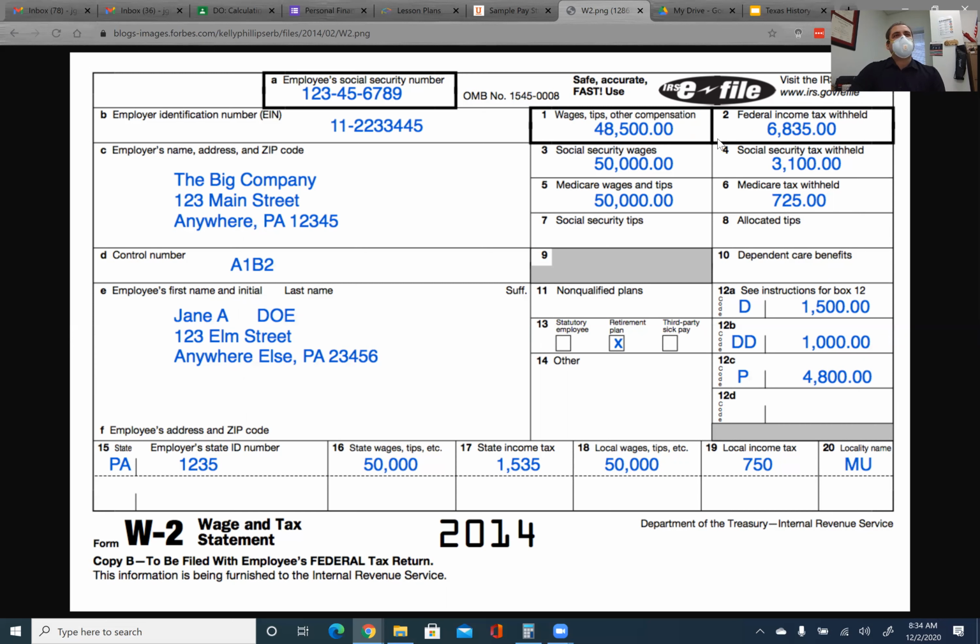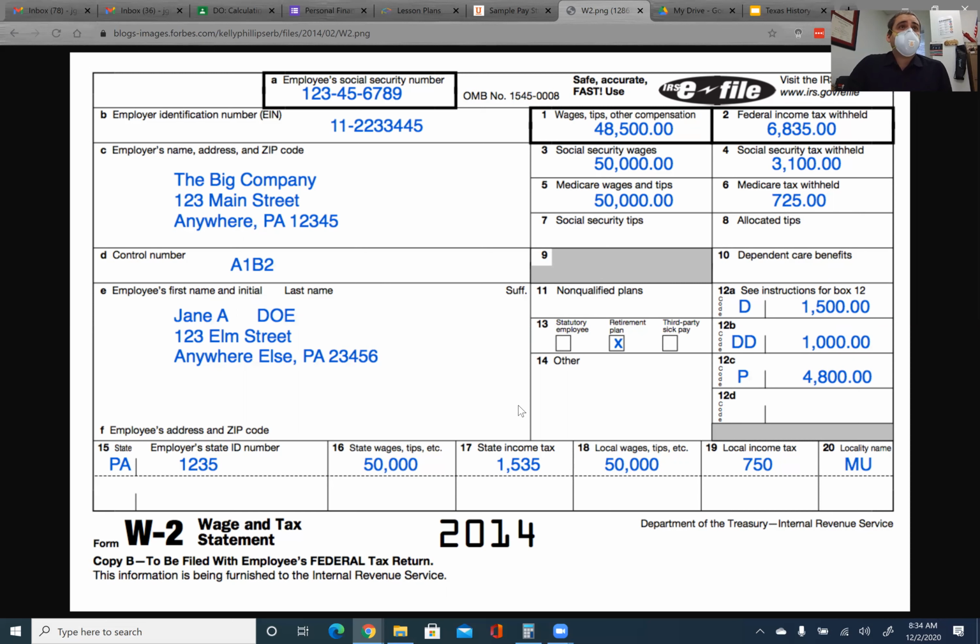The other stuff, I'm not going to create a complicated scenario for you, so you don't have to worry about it. I will let you know in the fact pattern any contributions to their 401k or IRA. So this is just what I wanted to go over before we ended today.